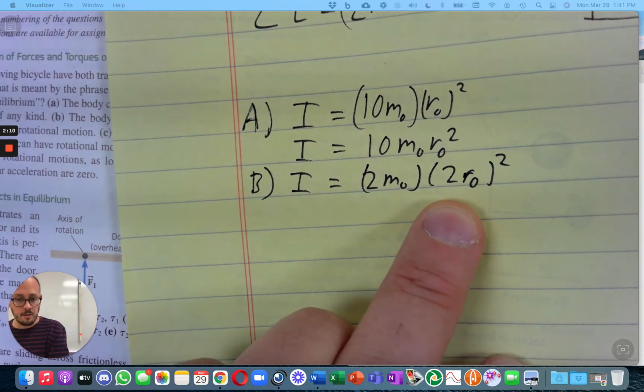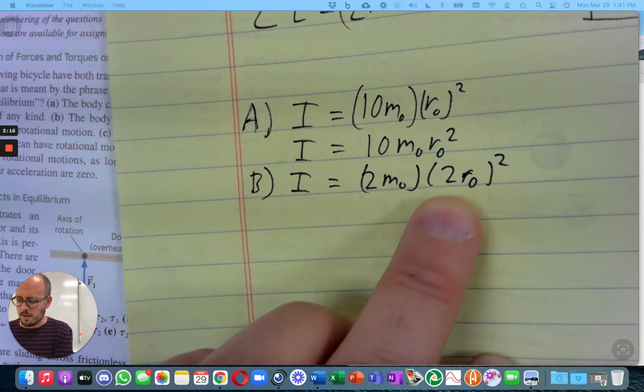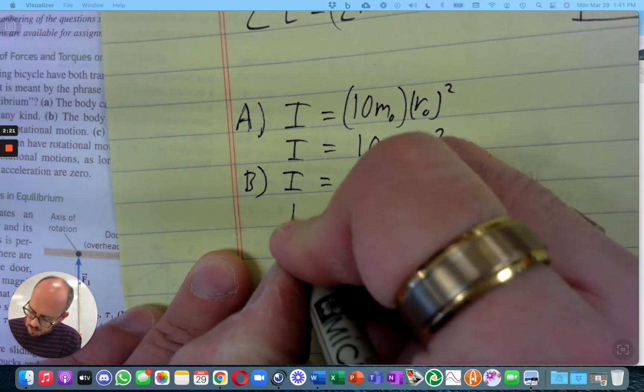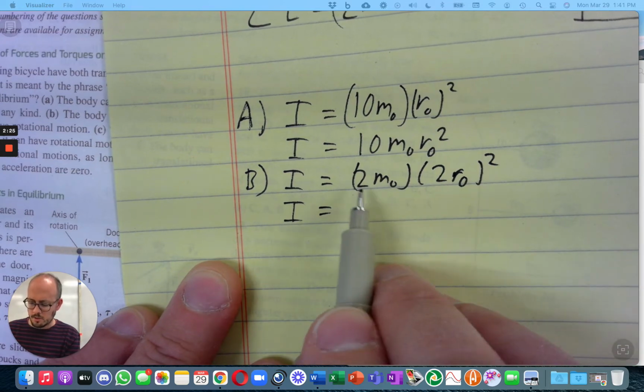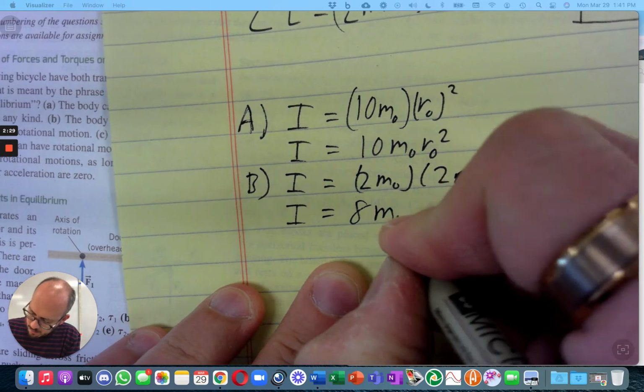It's twice the radius, but because the moment of inertia equation depends on r squared, it's really 2 squared that is the change in moment of inertia. So when I simplify this, I have 2 times 2 squared, so 2 times 4, it's really 8 m naught r naught squared.